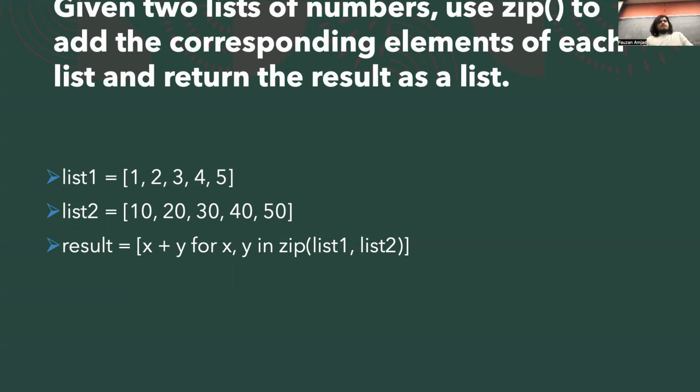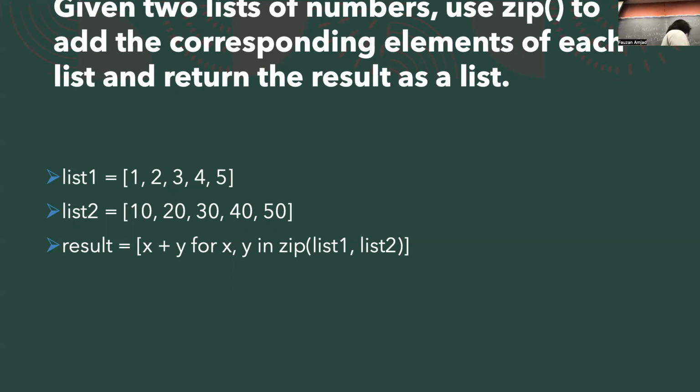In this case, we're iterating through list 1 and list 2. For x, y, it's basically a tuple, so for x, y it's iterating through every tuple within the iterator. The iterator is zip of list 1 and list 2. Think of it as a list of tuples that contain values from list 1 and list 2.